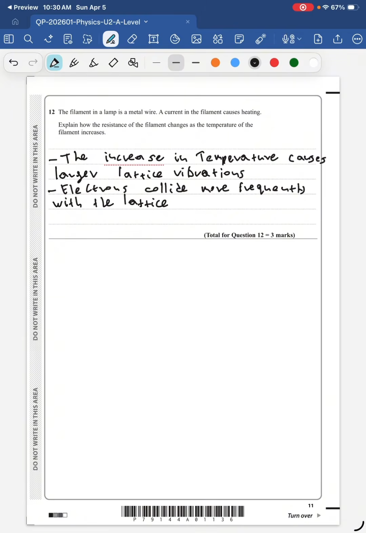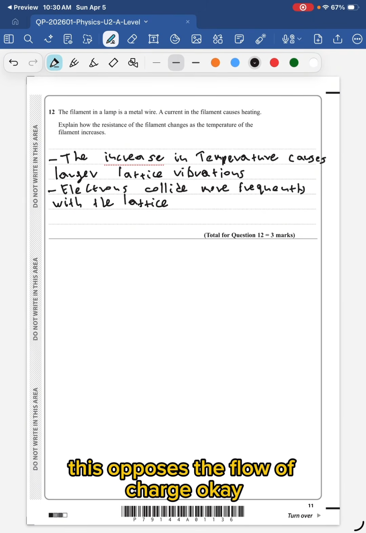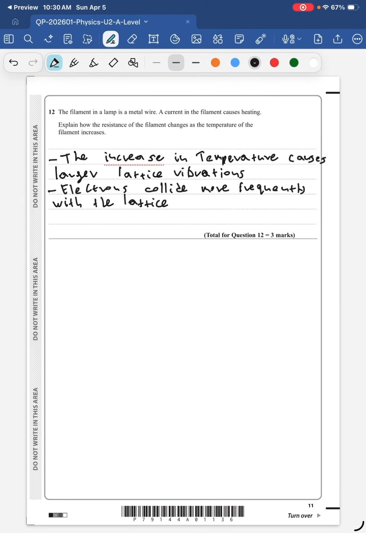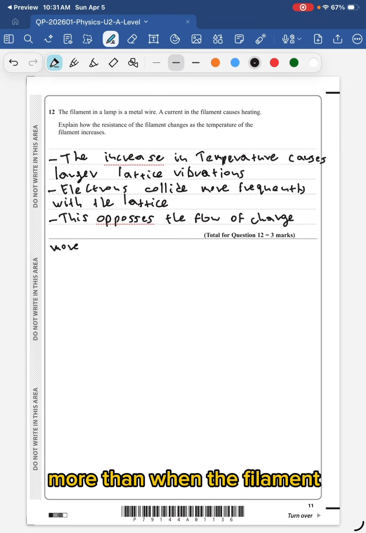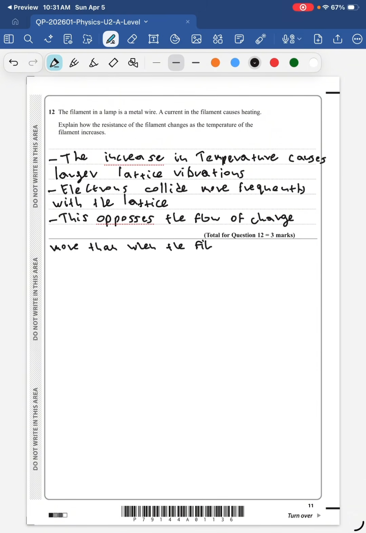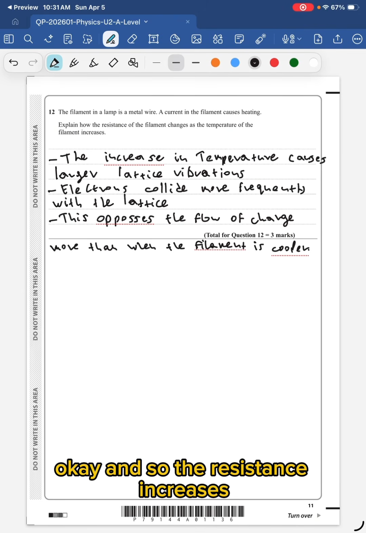Okay, this opposes the flow of charge, more than when the filament is cooler. Okay, and so the resistance increases.